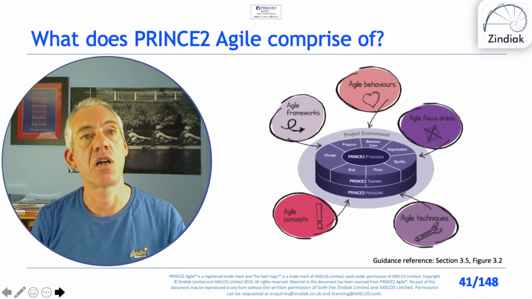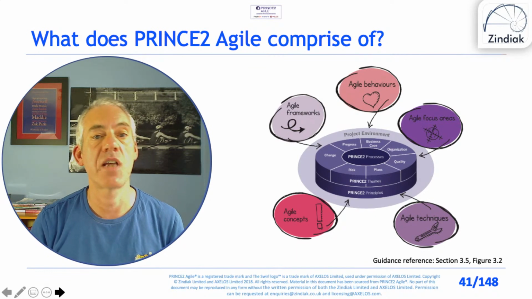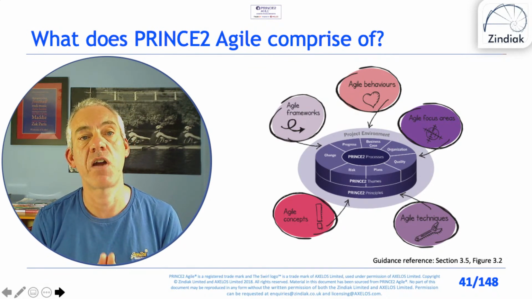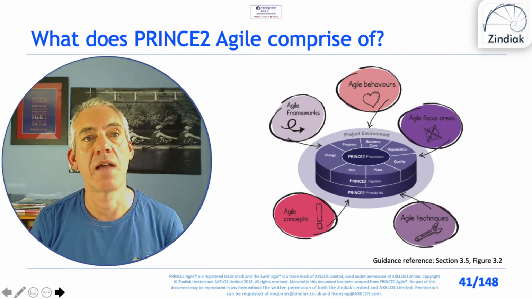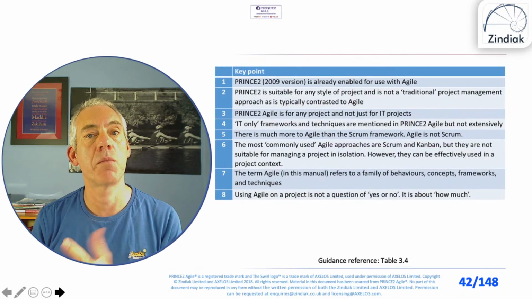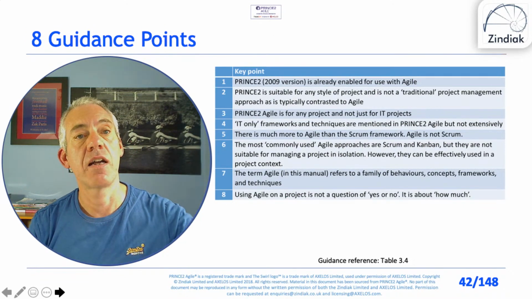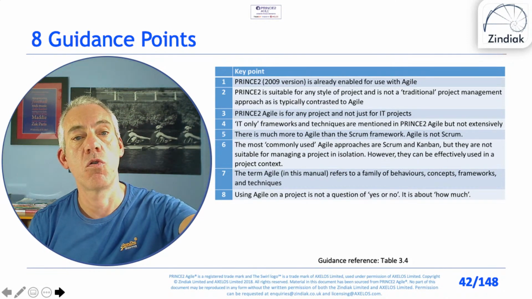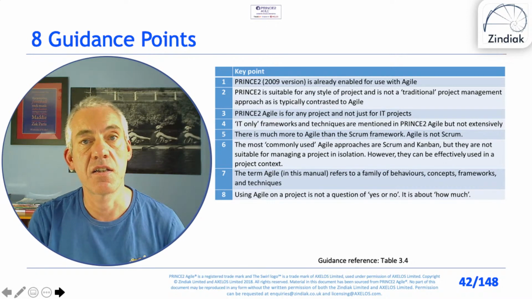So what does PRINCE2 Agile comprise of? It comprises behaviours, focus areas, techniques, concepts and frameworks, and we cover those in parts 2 and 3, which are available on our YouTube channel. The 8 guidance points, I'm not going to read them all out. I've mentioned the 8th one: using Agile isn't a binary decision.